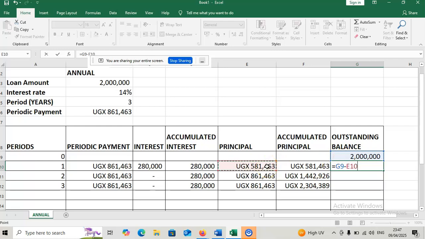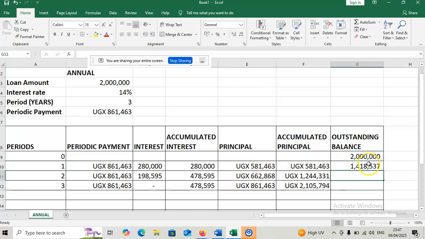Remember, principal is the money you're paying to recover the loan. It doesn't have interest. Or you say balance of period 0 minus the principal of period 1. Press enter and then you drag down.